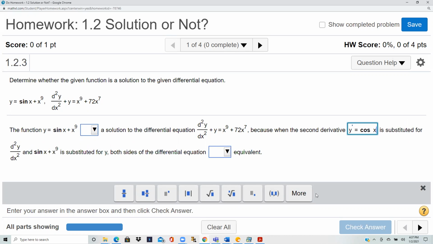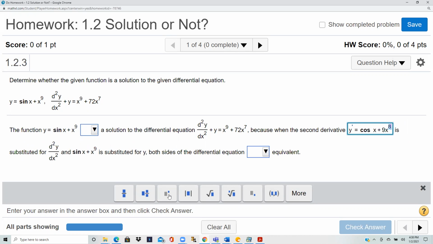And the derivative of x to the 9 will be 9x to the 8. So that's the first derivative, but in this box we have to fill the second derivative. So you take the second derivative of this. The derivative of cosine is negative sine, and the derivative of 9x to the 8 would be 9 times 8 is 72, 72x to the 7. So negative sine x plus 72x to the 7.